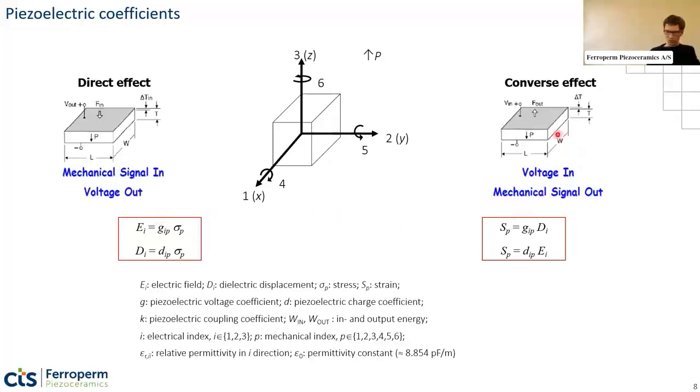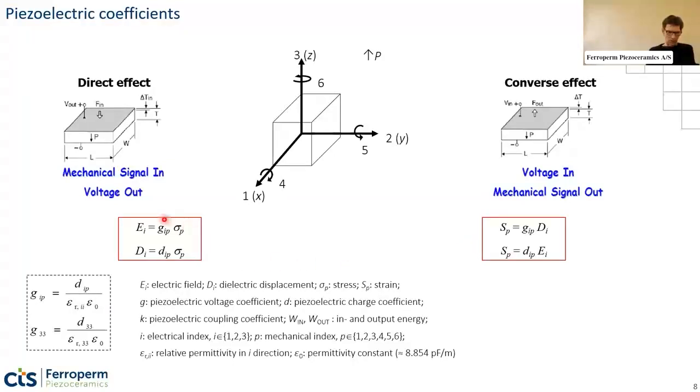And you can also look at the converse effect over here. If we again look at the electric field and again look in the 3 direction, we can just again let I and P be equal to 3, and then you'll find the strain, as you see here, the relative displacement, by multiplying another coefficient, now the G33, by the electric field in that 3 direction, and then you can find the strain.